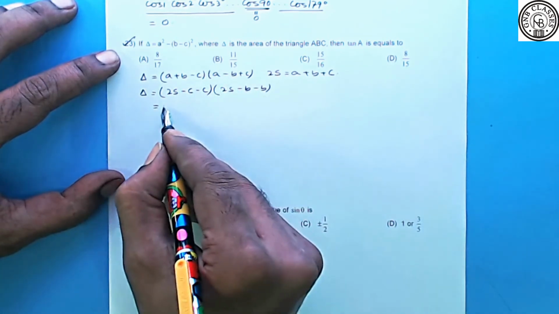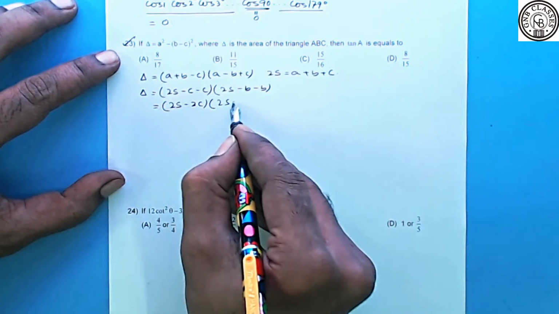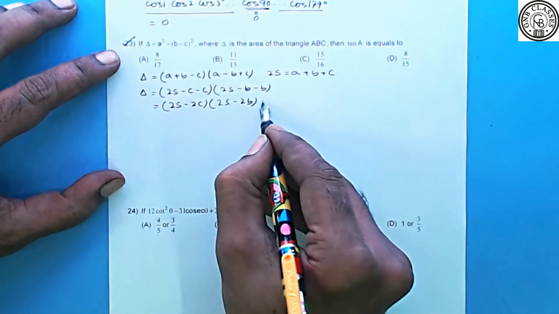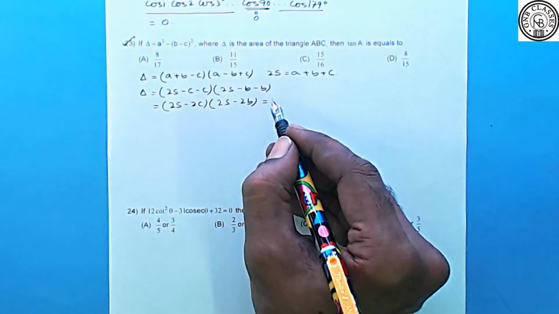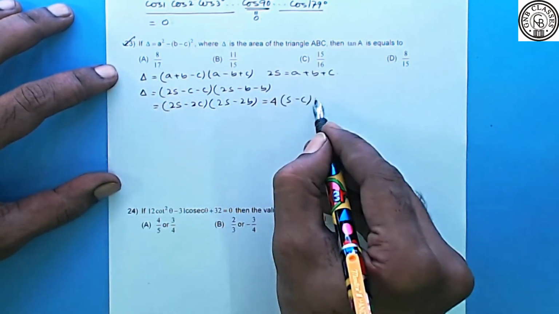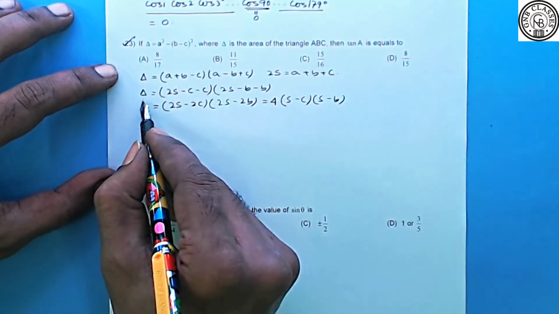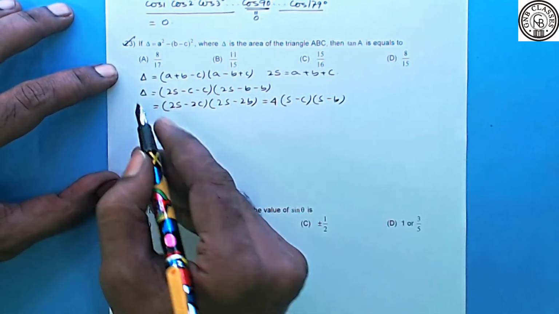So we are having 2s minus 2c, 2s minus 2b. Now if I take 2 common from each expression, we are having 4 outside, s minus c, s minus b, where del is the area of that triangle.